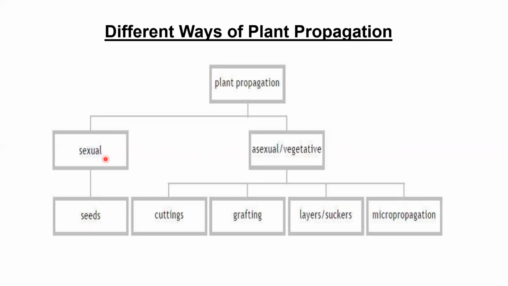So sexual reproduction would always need seeds. So this is the non-vegetative way of plant propagation that requires seeds. As I discussed a few minutes earlier, there are structures in plants known as stamens, and on stamens there are anthers.